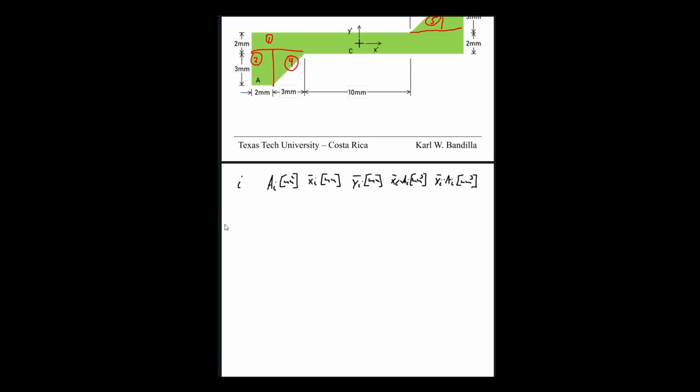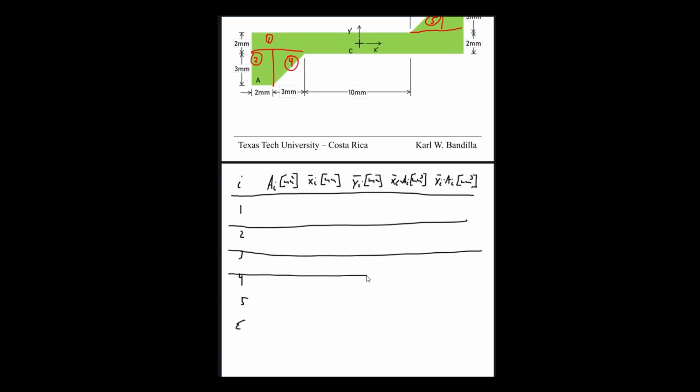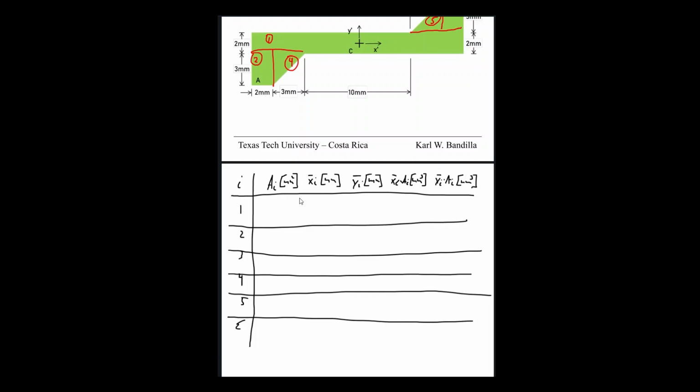Oh, it fit after all. And we need 5 rows: 1, 2, 3, 4, 5, and then the sum. Make ourselves a nice big table. There we go.